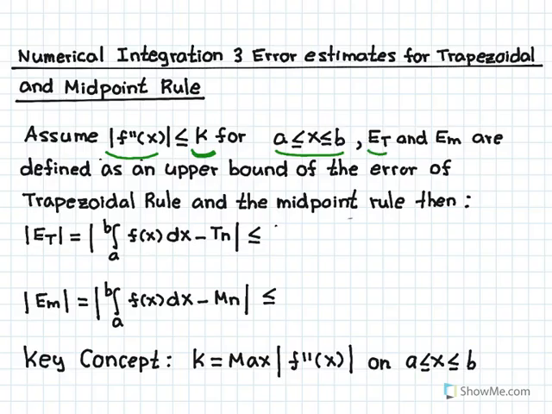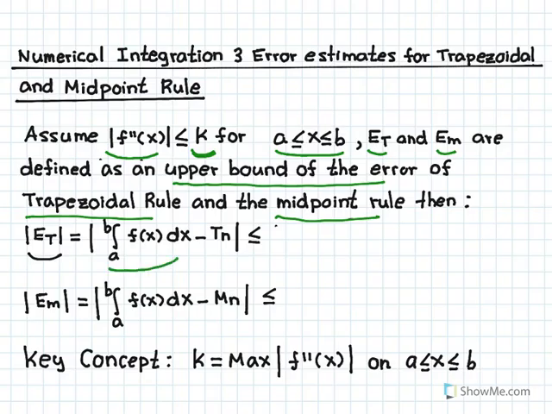Error trapezoidal and error midpoint are defined as an upper bound of the error of trapezoidal rule and the midpoint rule. So the error trapezoidal is the absolute value of the definite integral a to b of f of x dx minus the trapezoidal rule approximation, and this is less than or equal to k times (b minus a) to the power of 3 divided by 12n squared.